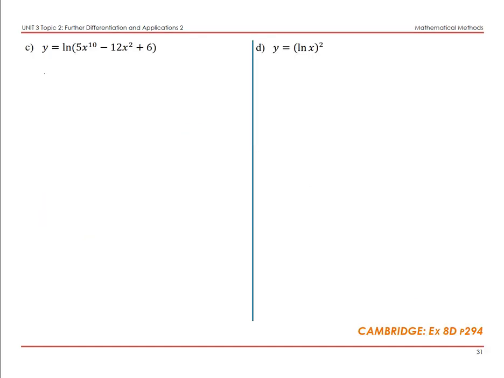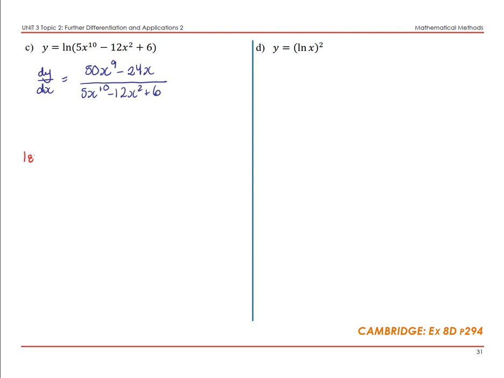So this one, again, if you just think the shortcut, you've got the derivative of the top, 50x to the 9 minus 24x, and that's all over that function. You could factorize. I probably would just leave it like that.